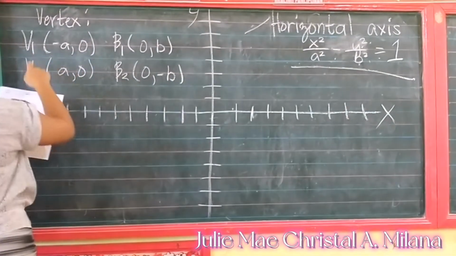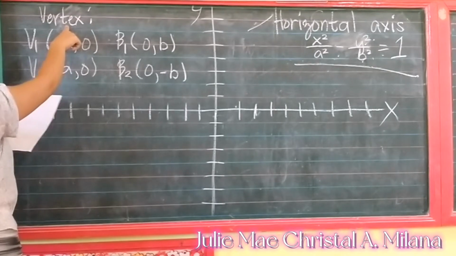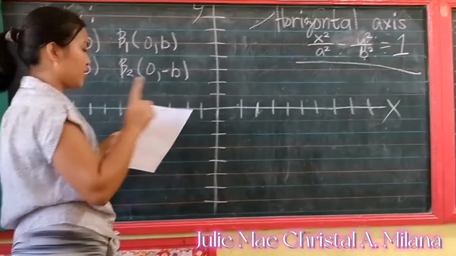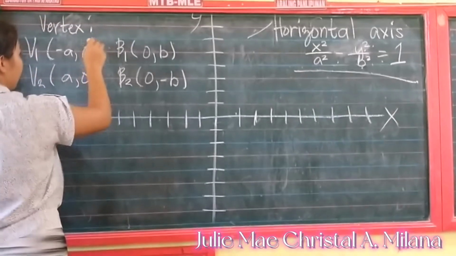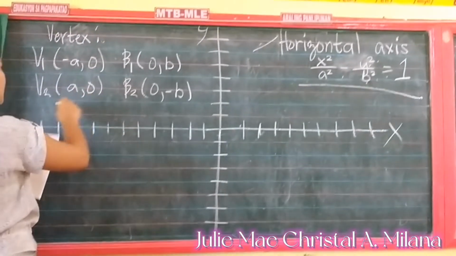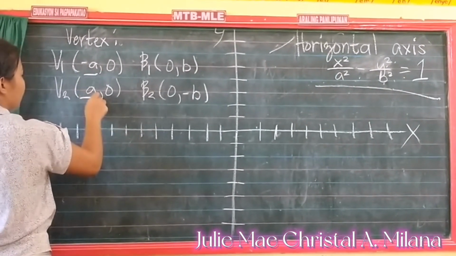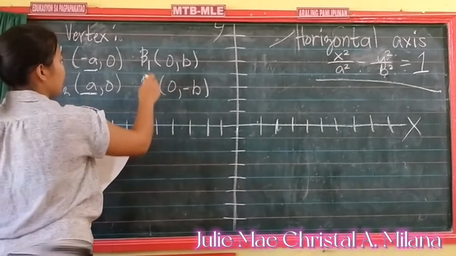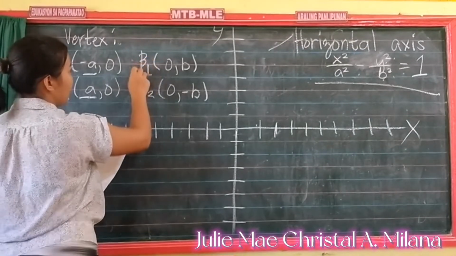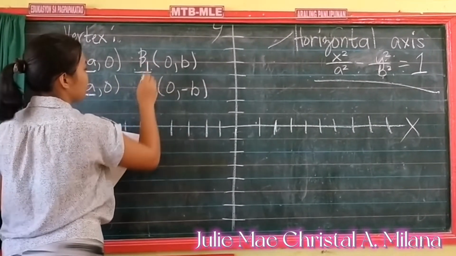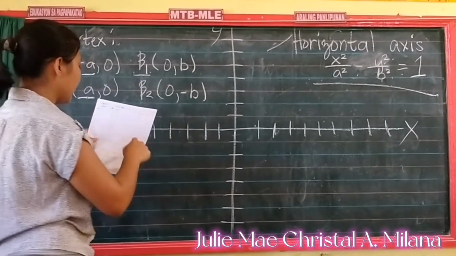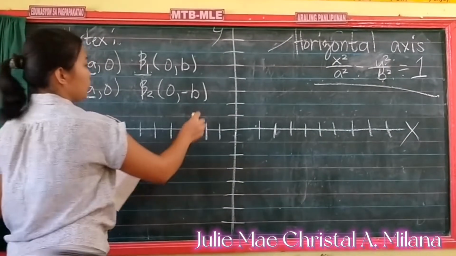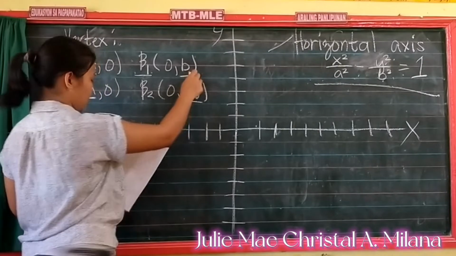So, the vertex is the distance from the center to the vertex, so the variable is a. Then, b sub 1 and b sub 2 are the distance from the center to the co-vertex, so the variable is b.